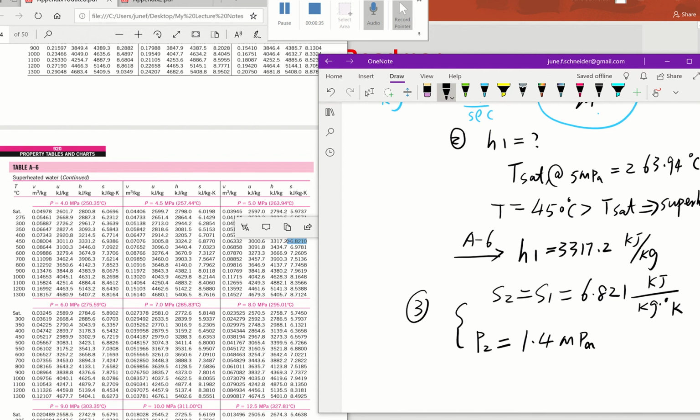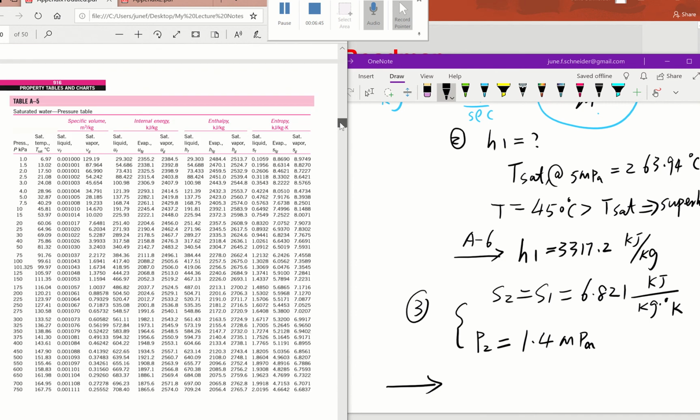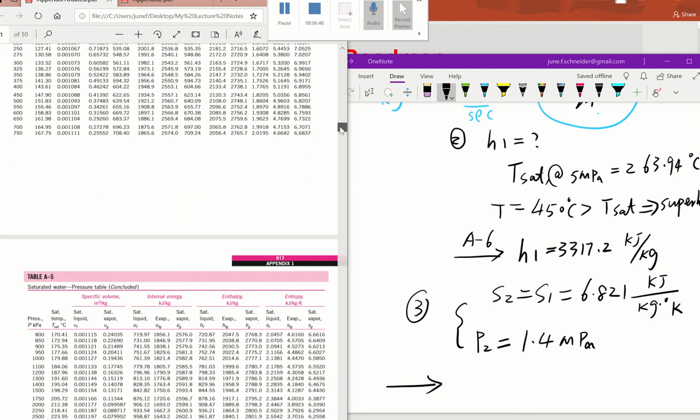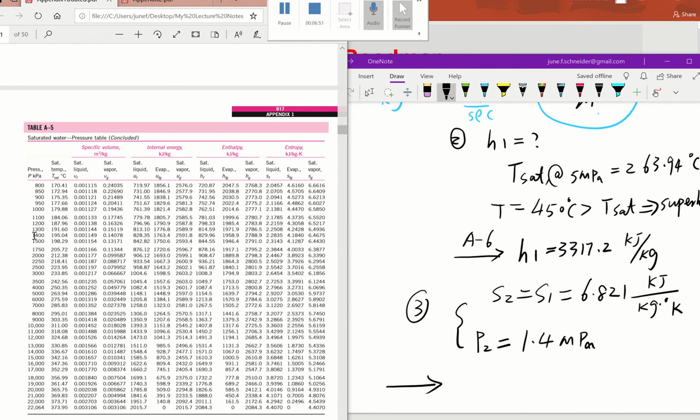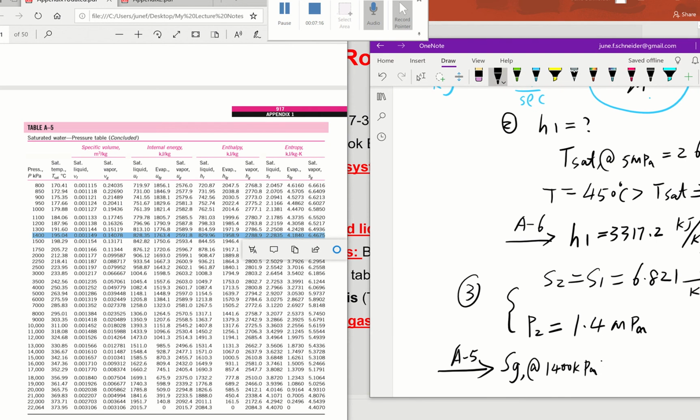We have to determine which region this state is in. In table A5, 1.4 megapascal is 1400 kilopascal, and the second property is S. Our S value is 6.821, and in table A5 we learned Sg, saturated vapor, at 1400 kilopascal is 6.4675.